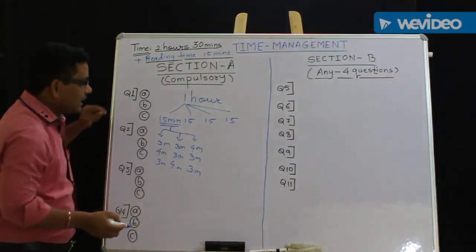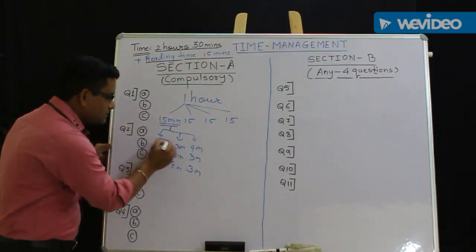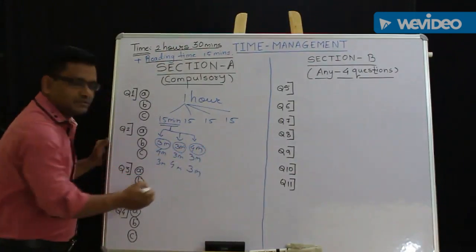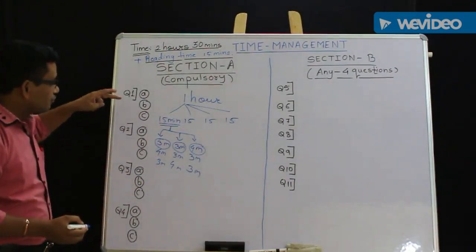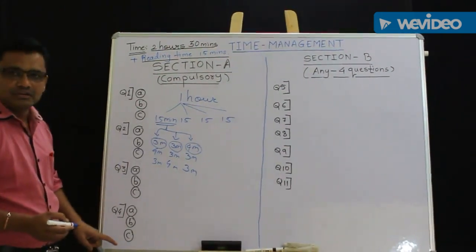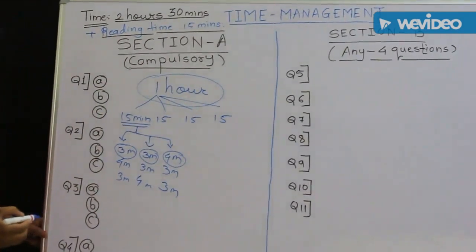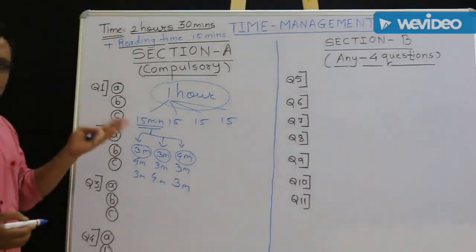If we divide this 15 minutes, for each part we can take 5 minutes, 5 minutes and 5 minutes. In this way we can apply this strategy to Section A. So within about 1 hour we can finish Section A. It may take 10 to 15 minutes more.